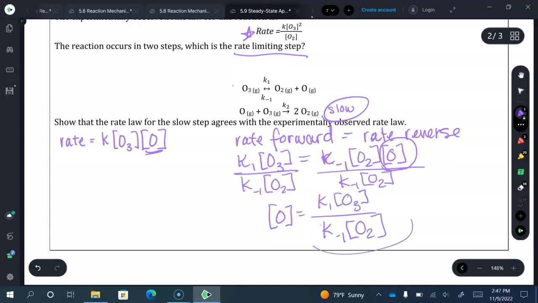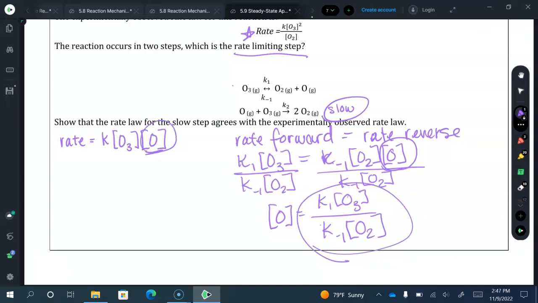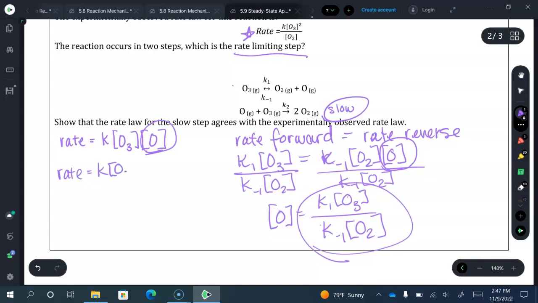And so I can substitute this in for this oxygen. So it's like a systems of equation problem, but weirdly convoluted because it's chemistry. Why not? So rate is equal to K times O3 times what I get from my substitution. So K1 times O3 over K negative 1 times O2.